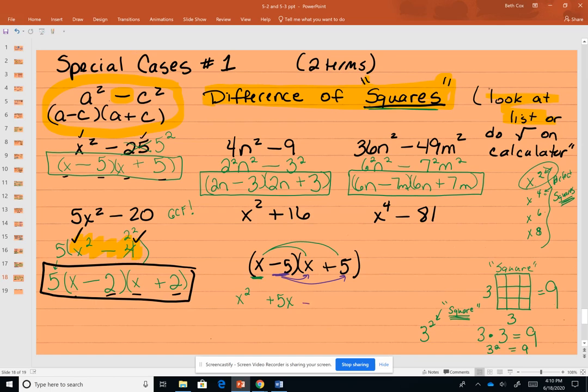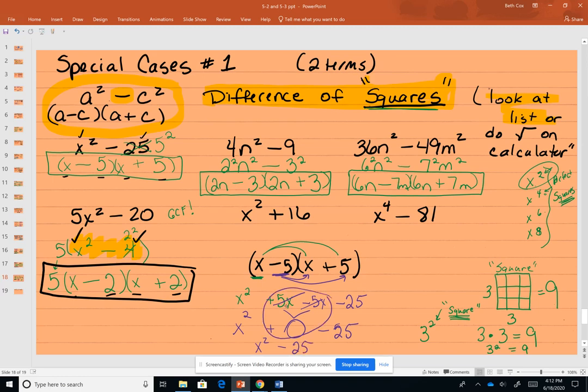I'm going to get a negative 5x and a negative 25. Combine my like terms, and I get 0. Gone. There you go. That's x squared minus 25.